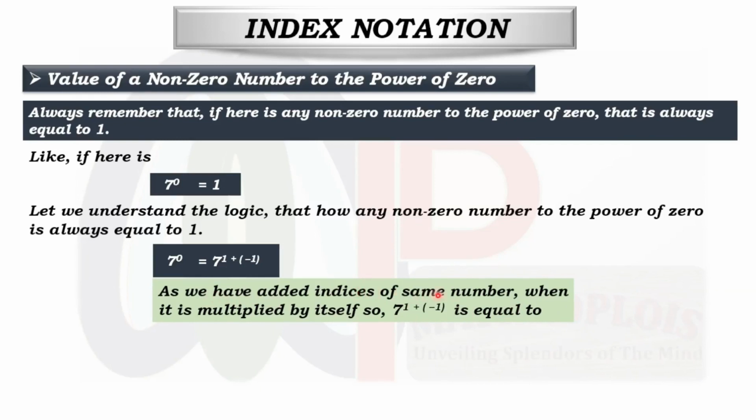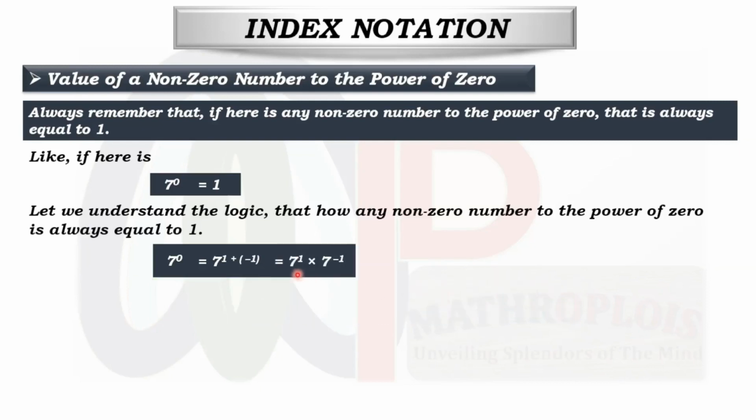As we have added indices of the same number when it is multiplied by itself, 7 to the power of 1 plus -1 is equal to 7 to the power of 1 multiplied by 7 to the power of -1.